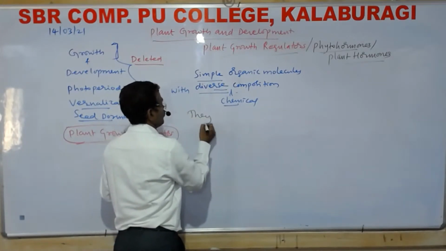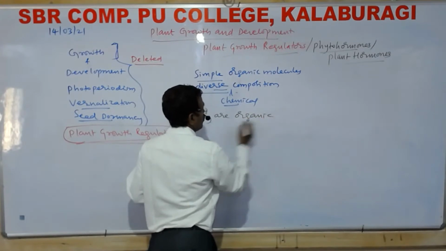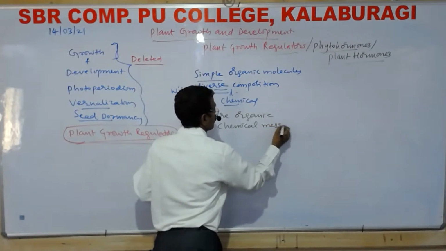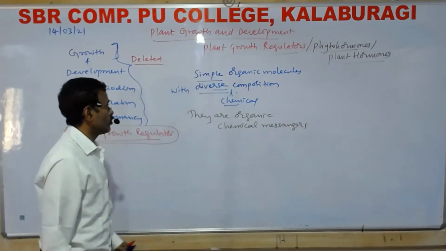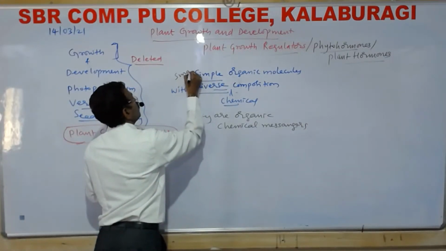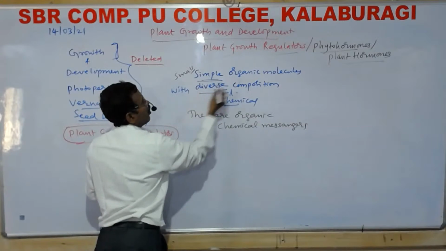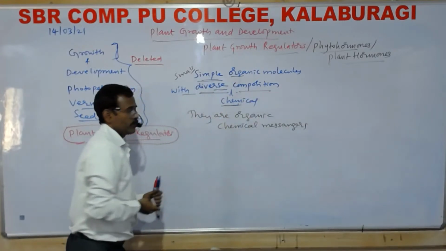They are organic chemical messengers. They act like organic chemical messengers. These plant growth regulators are small, simple organic molecules with diverse chemical composition.